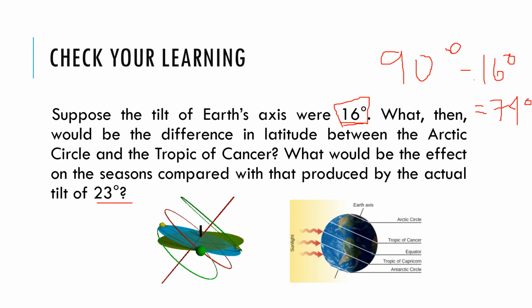The difference between these two latitudes is 74 degrees minus 16 degrees, which equals 58 degrees.